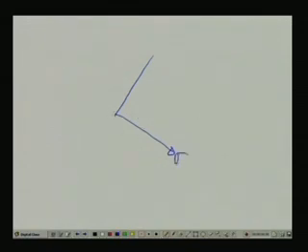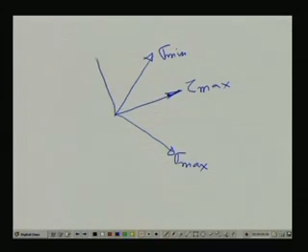Any angle which gives you, say, sigma max, then obviously 90 degrees apart we will have sigma min, and if you consider the shear stress values, then this could be your tau max, and again 90 degrees apart you have tau min. So this angle will be 45 degrees. Whenever you have sigma max, 45 degrees apart is tau max, and in a similar way you get the other results.